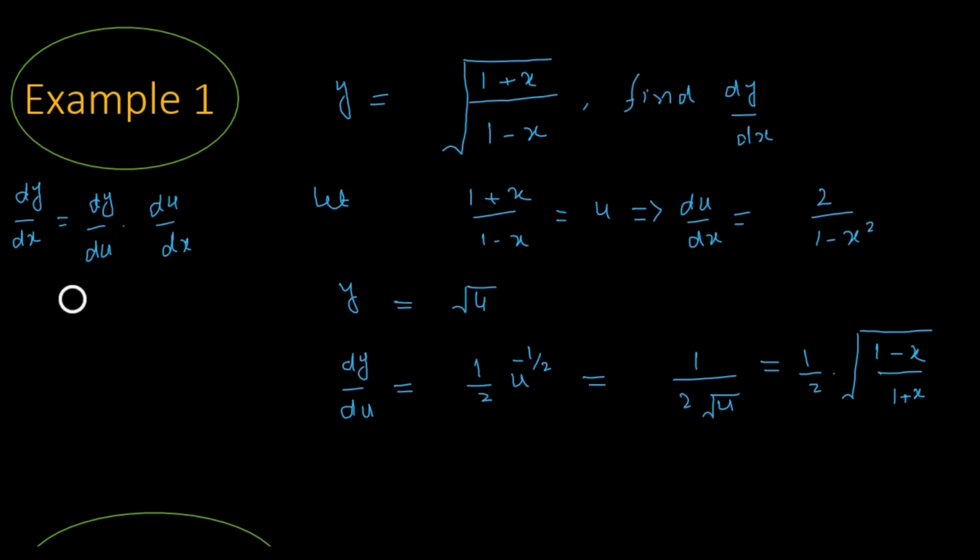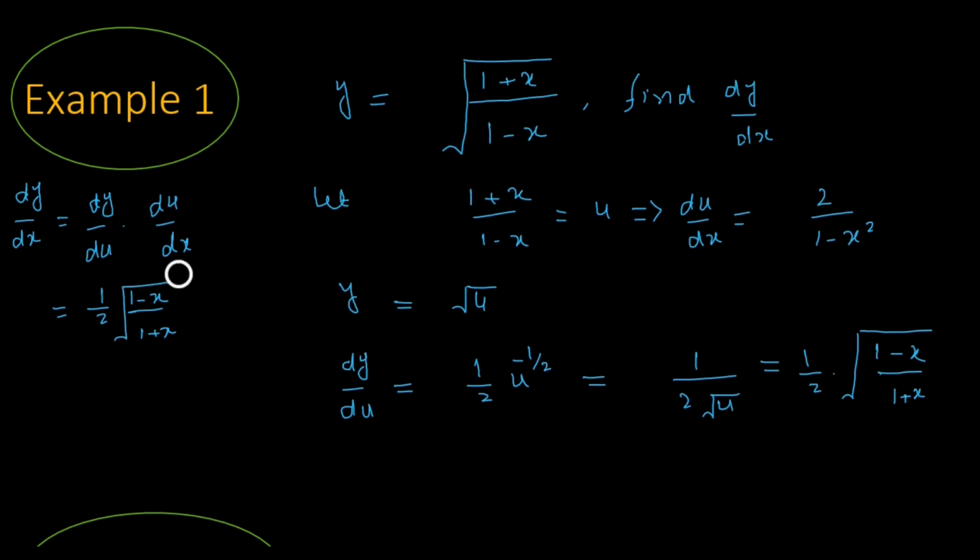So now putting the values over here, what is dy by du? It is 1 over 2 times the square root of (1 minus x) over (1 plus x).